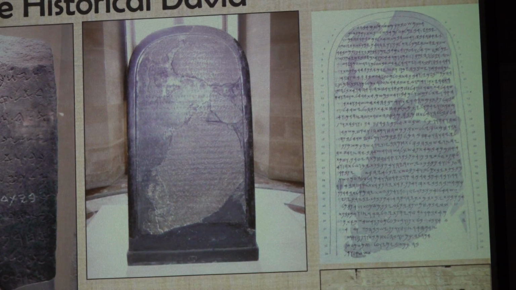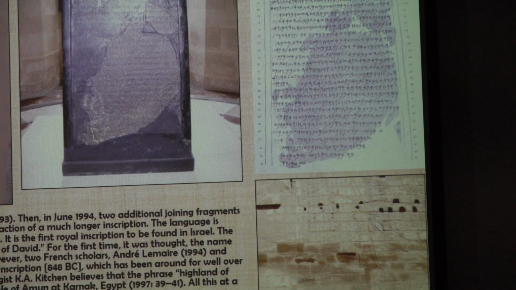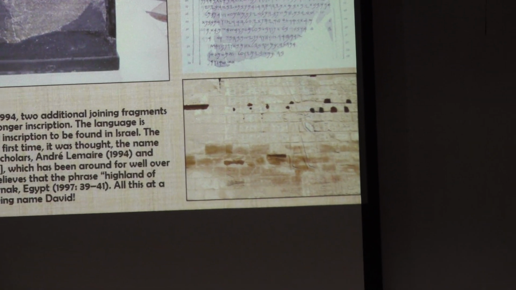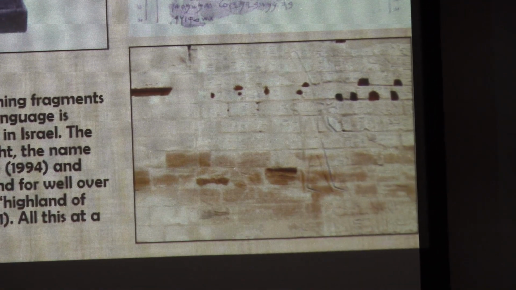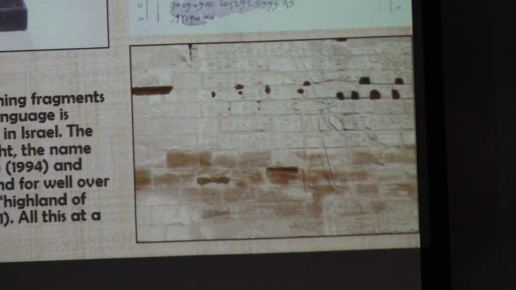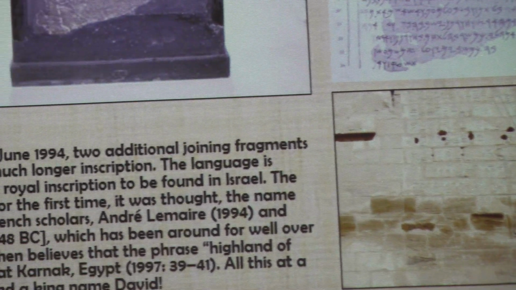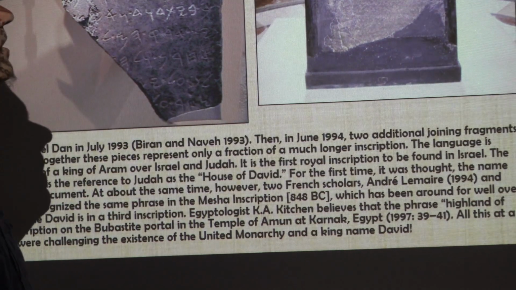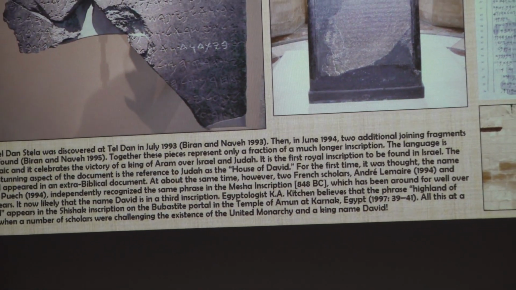Finally, K.A. Kitchen, the British Egyptologist, was reading the Shishak list at Karnak and believes he also mentions the Highland of David in the Shishak inscription. And I may have misspoken here, but I think the Highland of David is in the Karnak. House of David is in the Mesha Stela and the Tel Dan Stela.